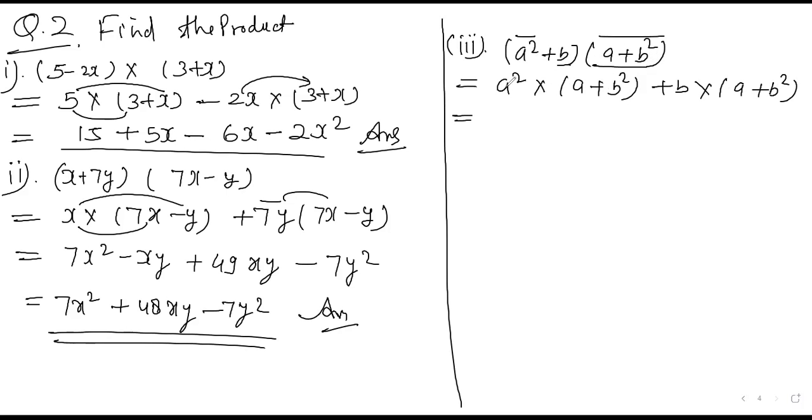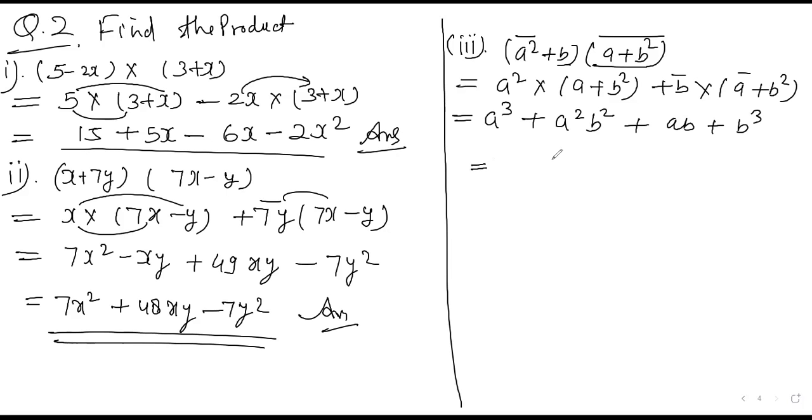Now simply we will solve a square into a, that will give you a cube, plus a square b square, plus b into a gives you ab, and b into b square gives you b cube.